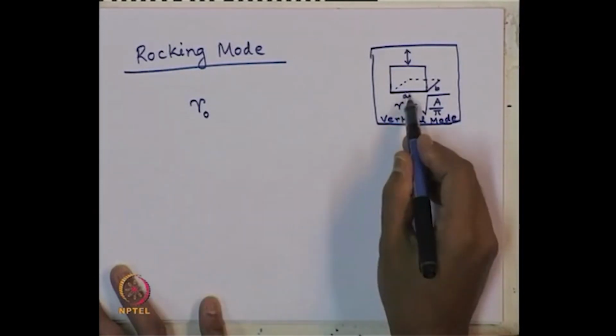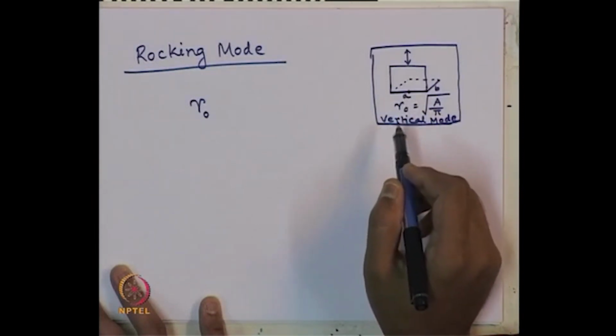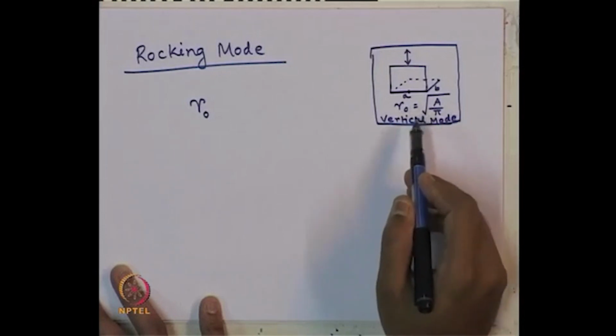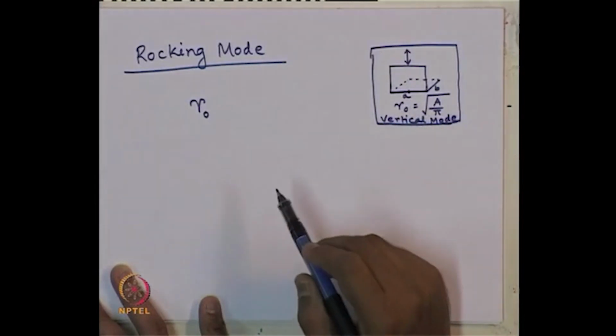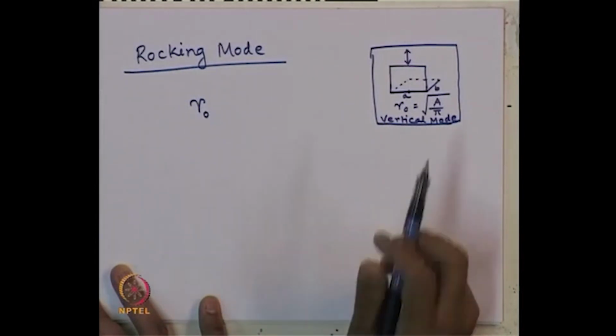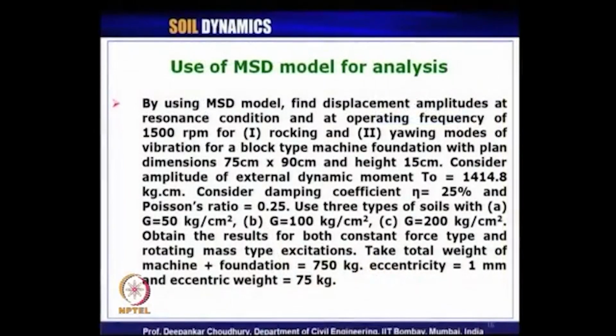This was for vertical mode. In case of rocking mode, it is going to rock about, say, center line of this axis. So, we have to find out equivalent radius by equating not the area, but area moment of inertia for a rectangular footing with a circular footing. Is that clear?